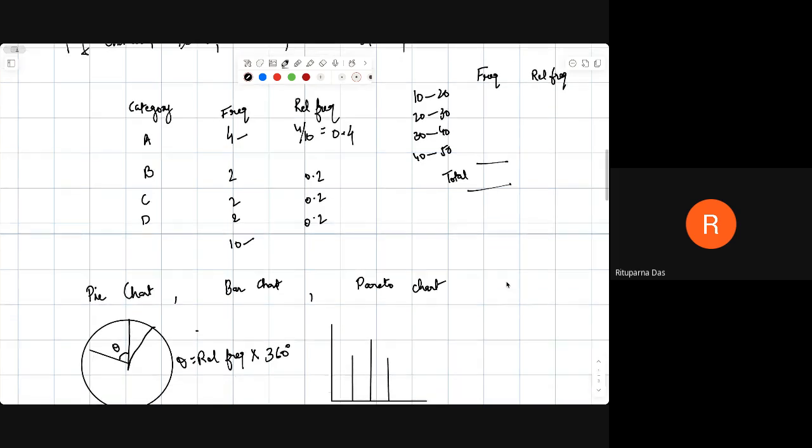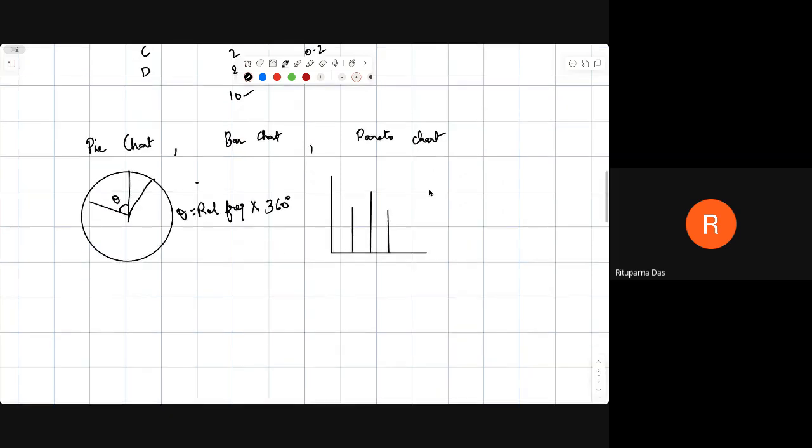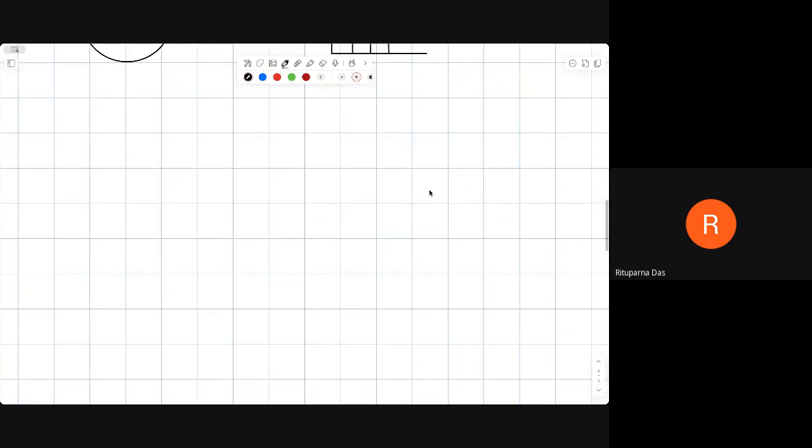So this is basically the table for categorical data and a table for numerical data. Next we look at mean, median, mode.